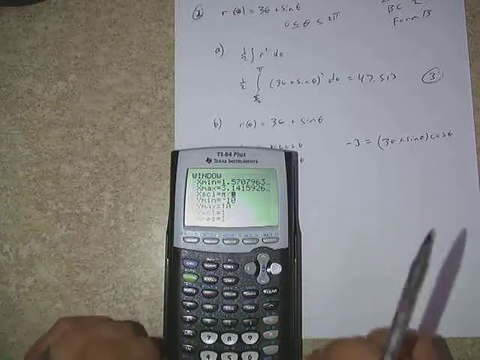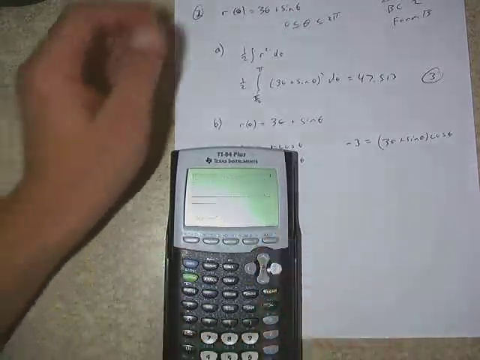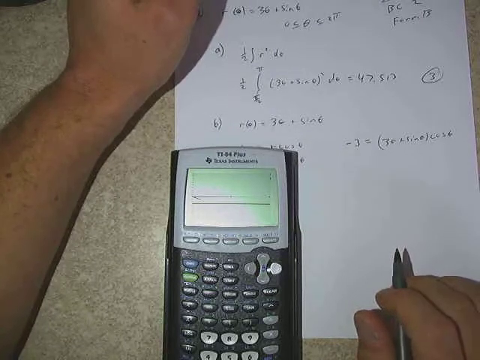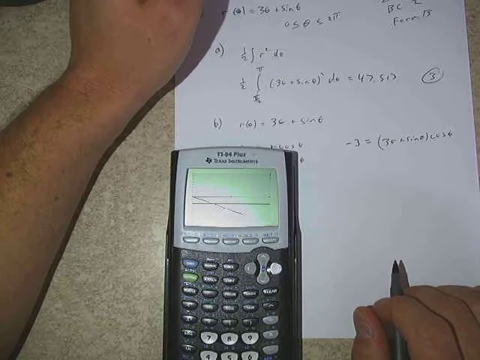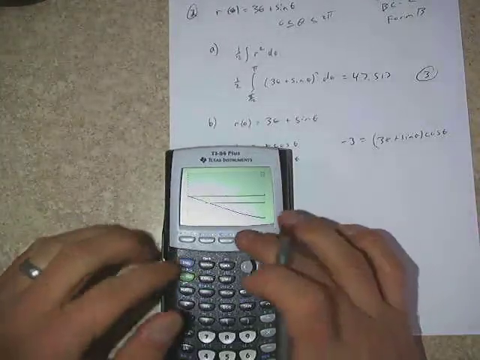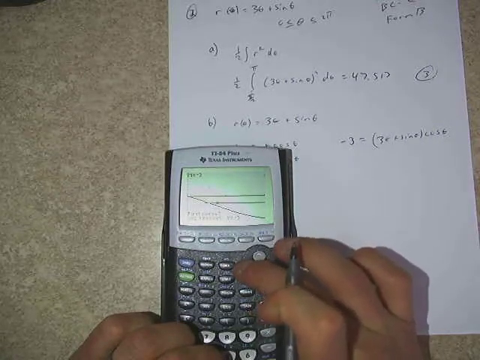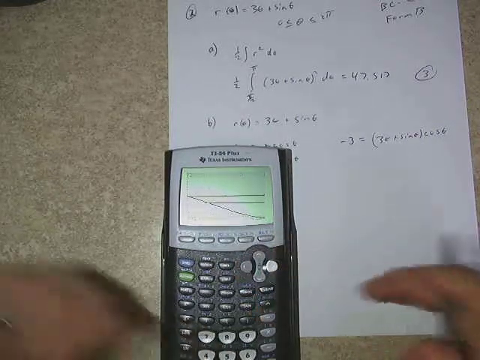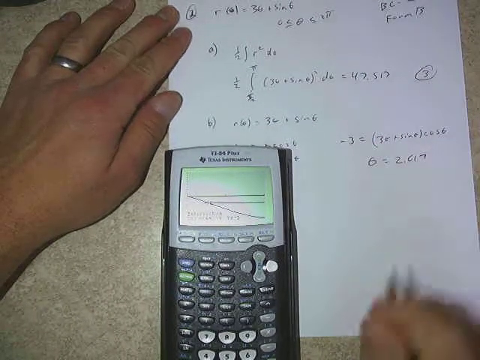So if we do that and graph these two, I would suggest putting it back into function mode. Negative 3, and then 3x plus sine x cosine x.